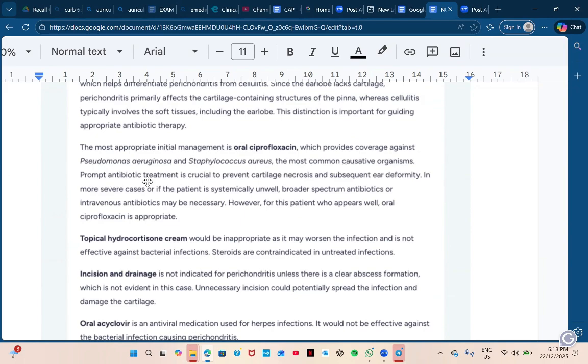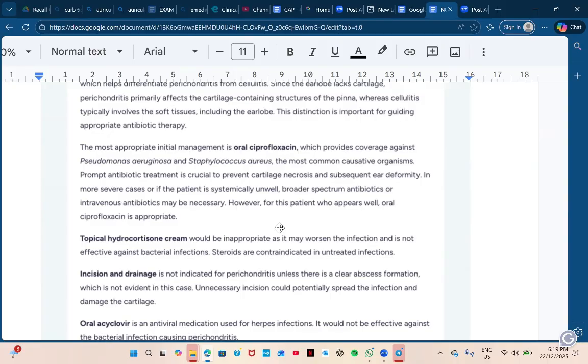organisms. Prompt antibiotic treatment is crucial to prevent cartilage necrosis and subsequent ear deformity. In more severe cases, or if the patient is systemically unwell, broad-spectrum or intravenous antibiotics may be necessary.